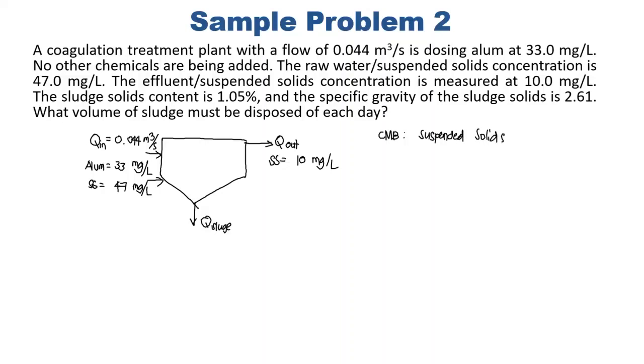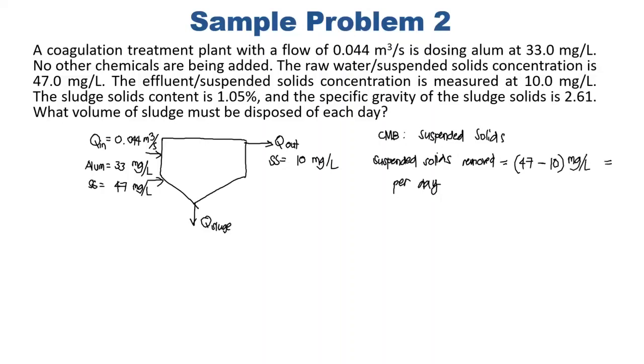Okay, so we know that mass in is equal to mass out, and we can now solve for the suspended solids removed per day. It's equal to the mass in, which is 47 milligrams per liter, minus the mass out, which is 10 milligrams per liter.